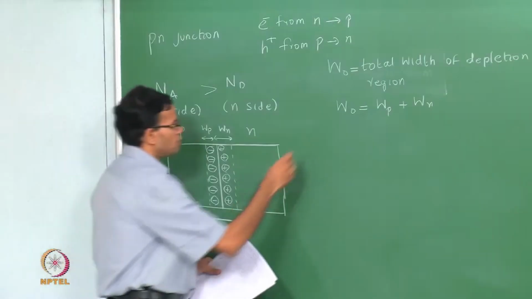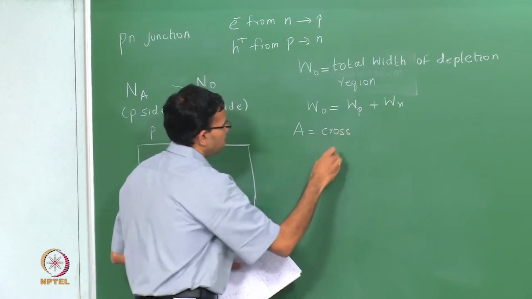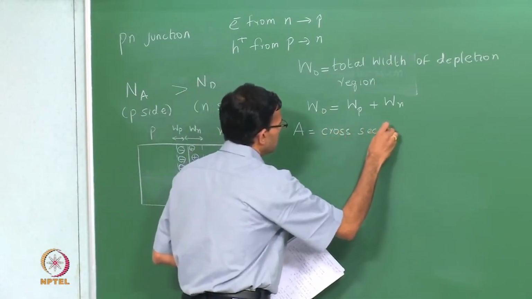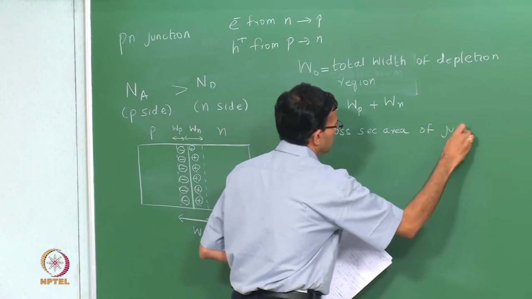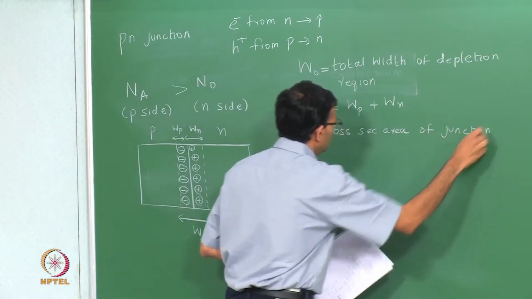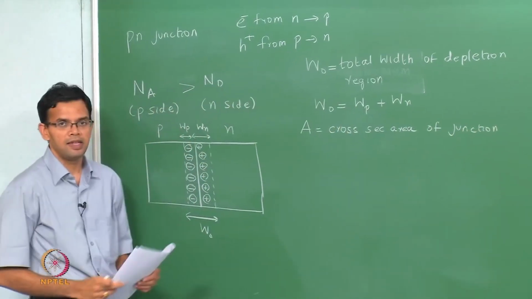So, if A is the cross sectional area of the junction, we must have a balance of charge between the p and the n side.